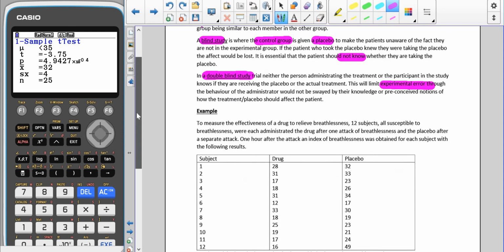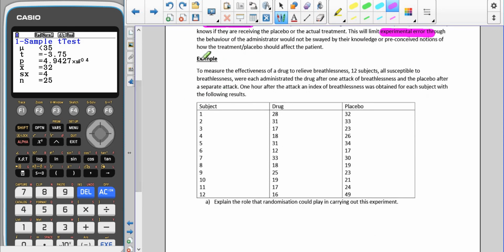So again, we're going to have a look at an example. We've got to measure the effectiveness of a drug to relieve breathlessness. 12 subjects, all susceptible to breathlessness, were each administered the drug after one attack of breathlessness and a placebo after a separate attack. 1 hour after the attack, the index of breathlessness was obtained for each subject with the following results.